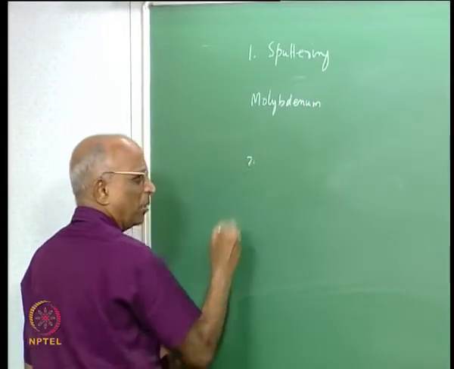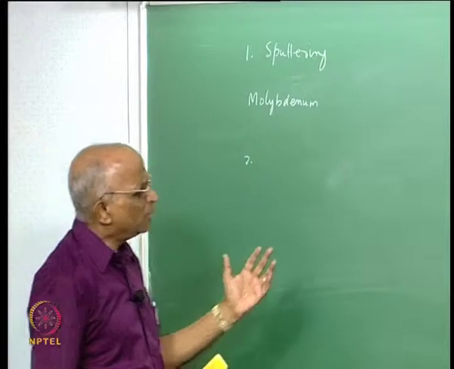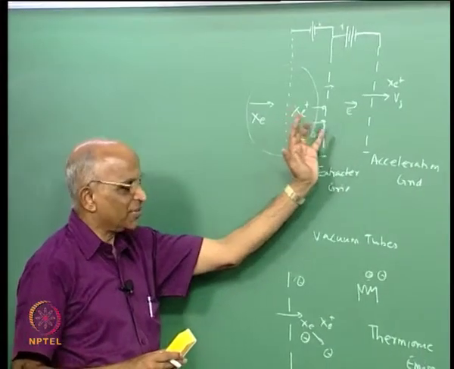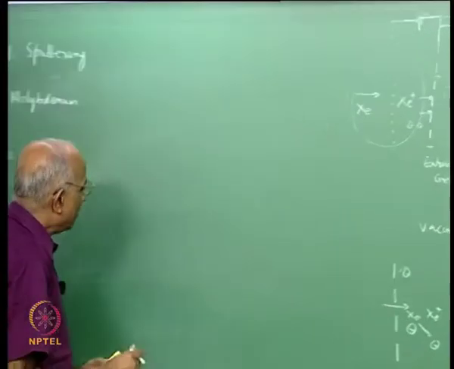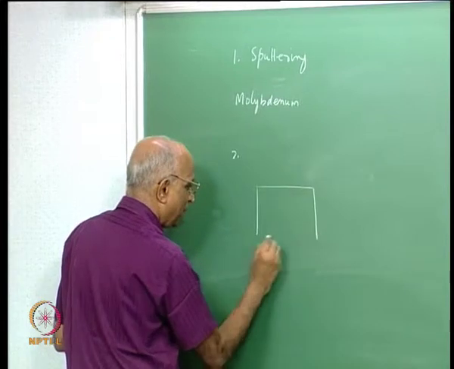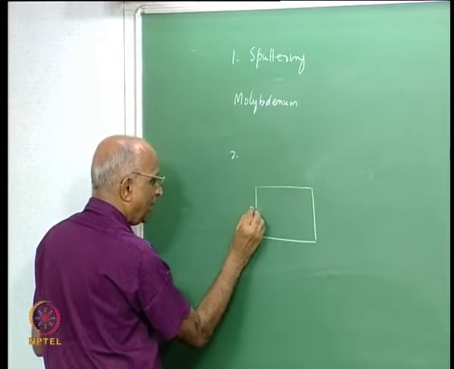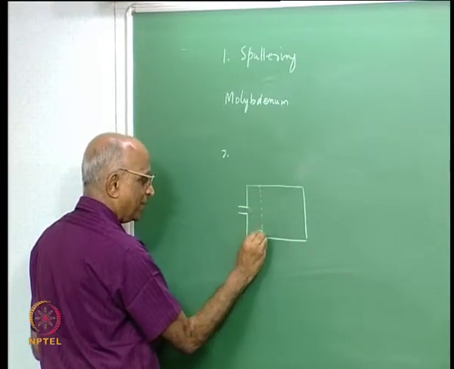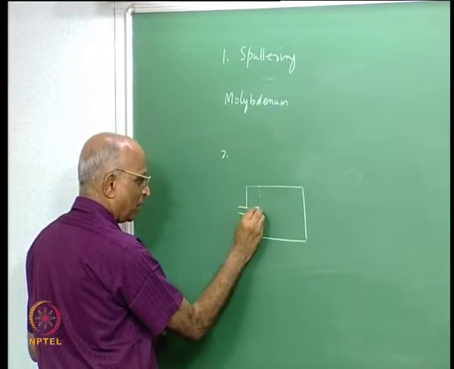There is a second problem, and this second problem is common to almost all types of electrical thrusters. Let's see this problem. Supposing I have this particular container, and I now put the thruster like this. I allow the charge to come over here, and now I create the charge over here, xenon positive.